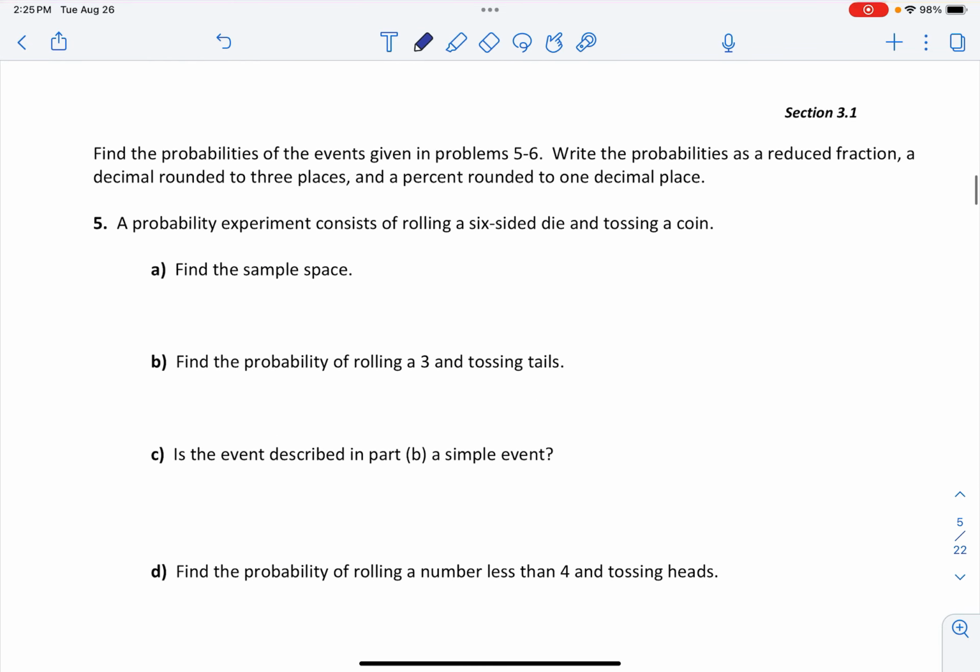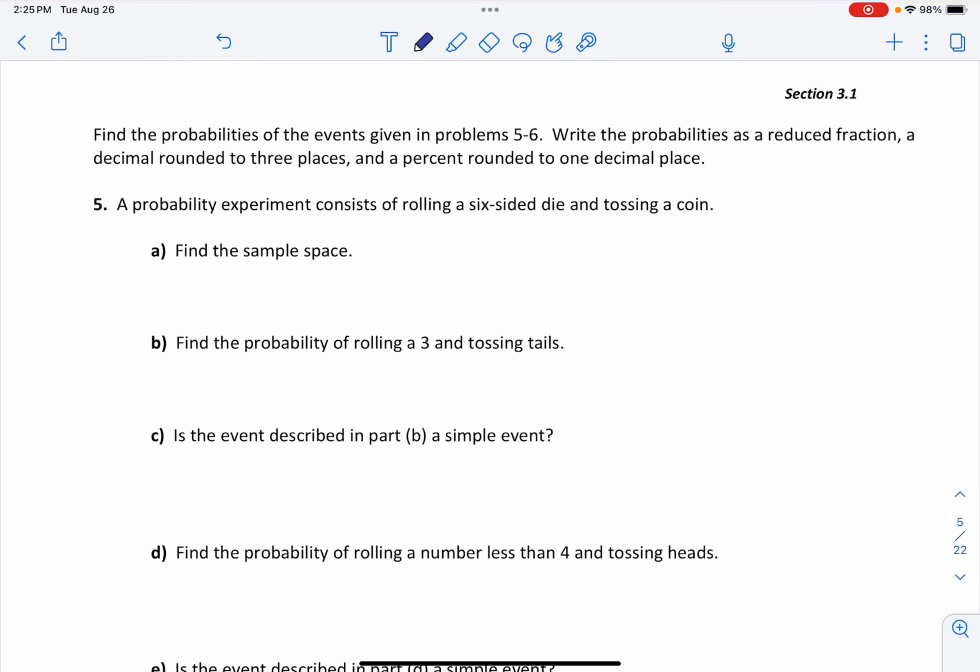So let's go to the next page. On this one, find the probability of the event. Write the probabilities in the 3 ways. This consists of rolling a 6-sided die and tossing a coin, right? So now we've got 2 objects. Let's say it's a fair die and a fair coin. The die has 6 possible outcomes. The coin has 2.